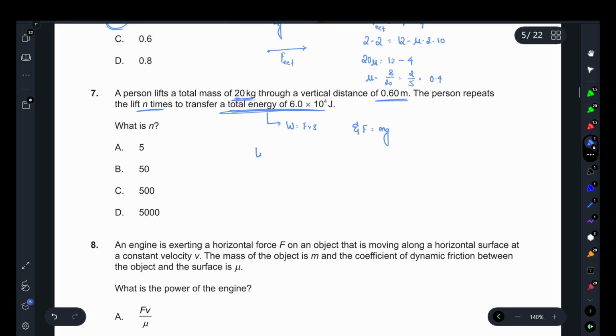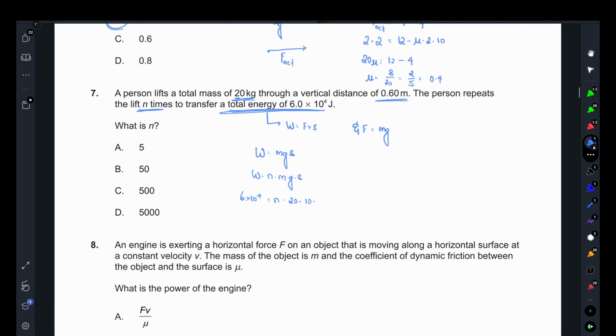So let's write this out. Work is equal to mass times gravity times distance. And since it's done n times, we can write it as work is equal to n times mass times gravity times distance. Let's write in our values. 6 into 10 power 4 joules is equal to n times mass, which is 20 kilograms, times 10, which is gravity, times s, which is 0.6 meters.